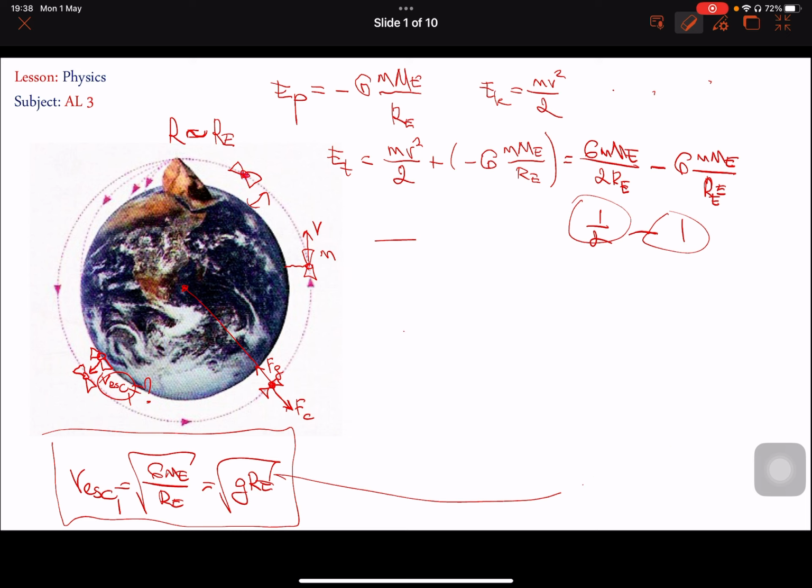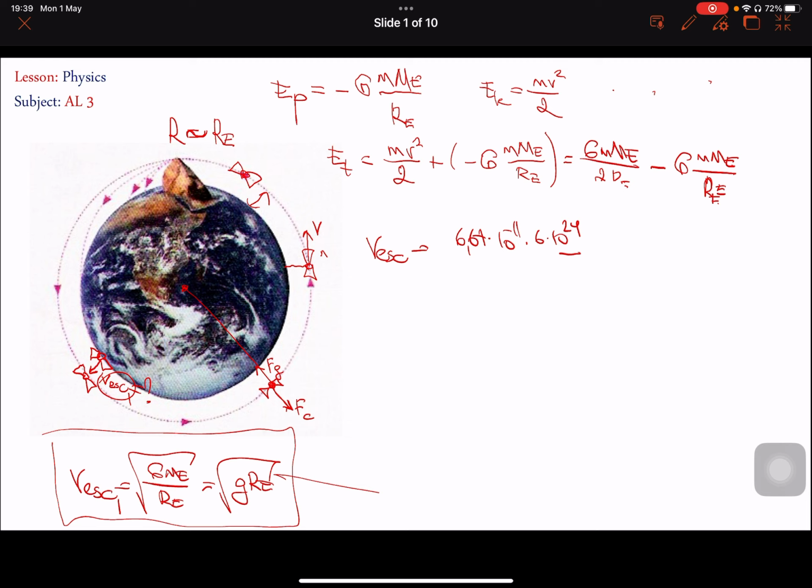The escape speed for Earth: if I plug the numbers instead of letters, I can write it in terms of universal gravitational constant, 6.67 times 10 to the power of minus 11, times the mass of Earth, that's approximately 6 times 10 to the power of 24, and over the radius, that is 6.4, as you know, 10 to the power of 6. Let me deal with the powers first of all. If the 6 goes upward with a negative sign, minus 17, and that will be 10 to the power of 7.